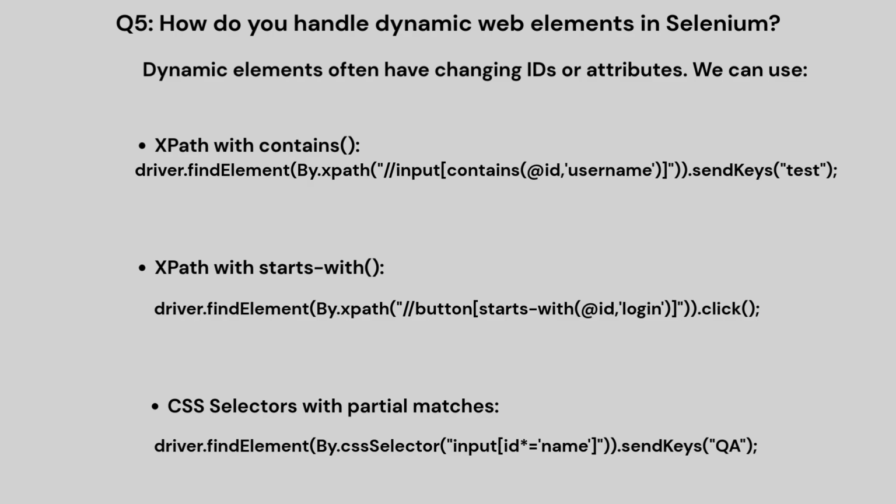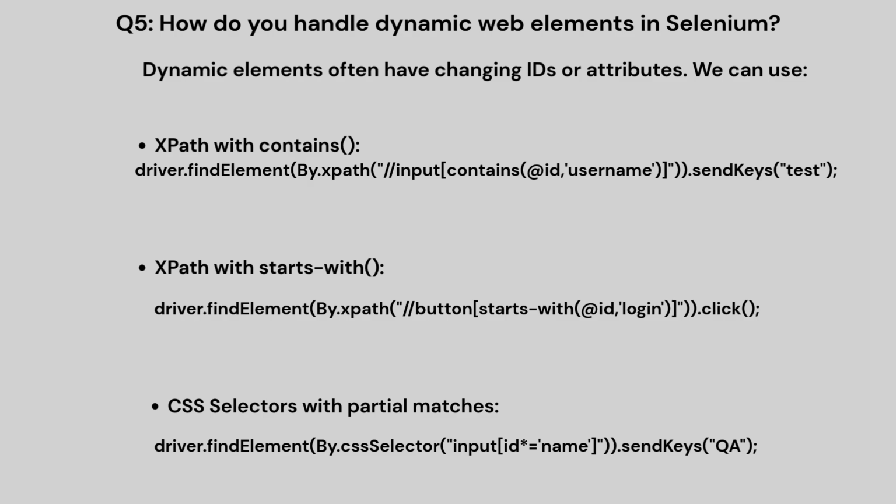This is also very much useful for handling dynamic web elements or elements which constantly change. The syntax is By.xpath double slash button, square bracket open, starts-with, and then you specify ID login or something, close all the brackets, and then do .click or .sendKeys, whatever.